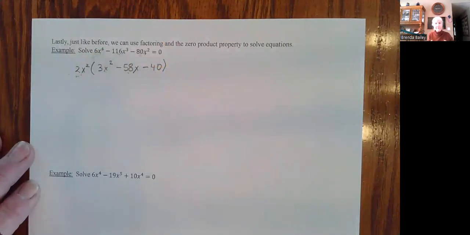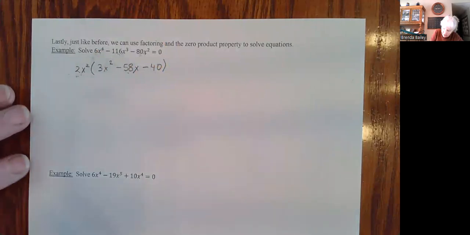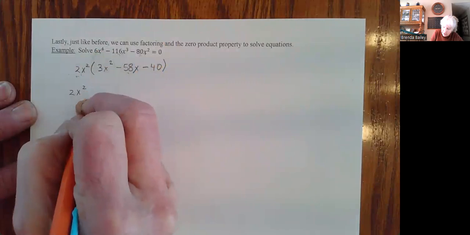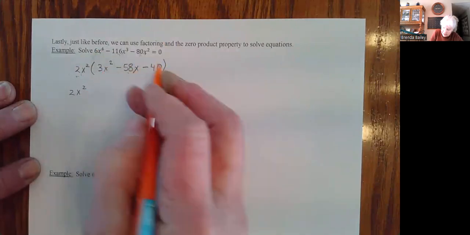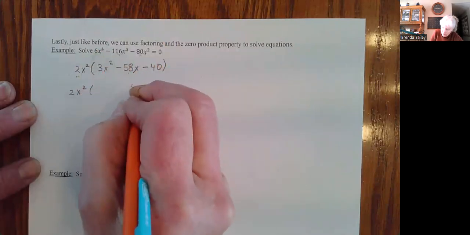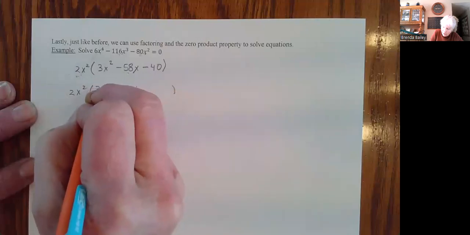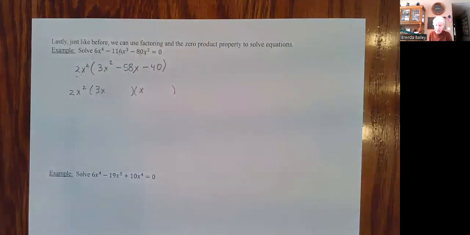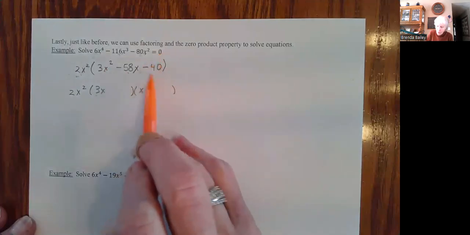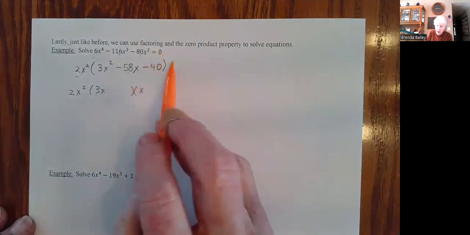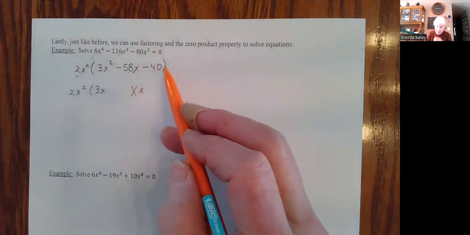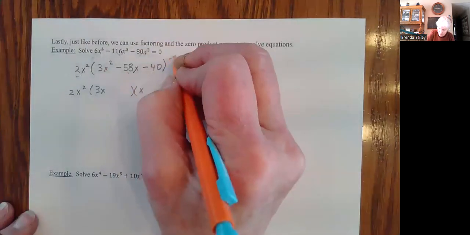Okay, now we're going to factor what's left inside. And here, some of you may want to use the Xbox method. You could use the guess and check with the FOIL, because you only have one thing for this times this gives you that, right? And then you could just kind of work with the negative 40 and put them in here, like -8 and 5.